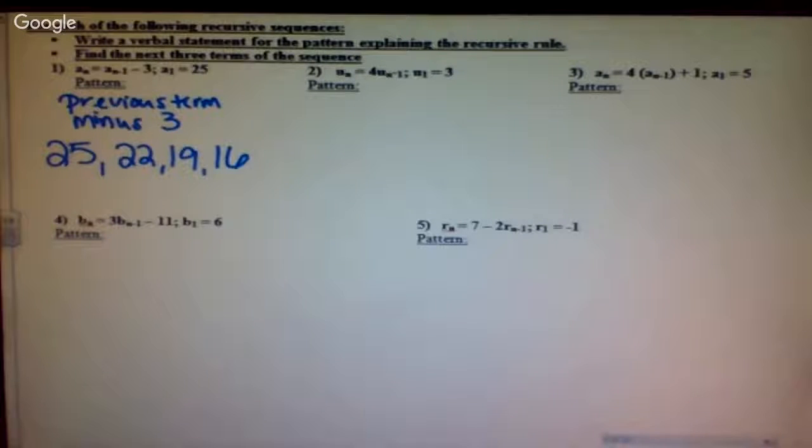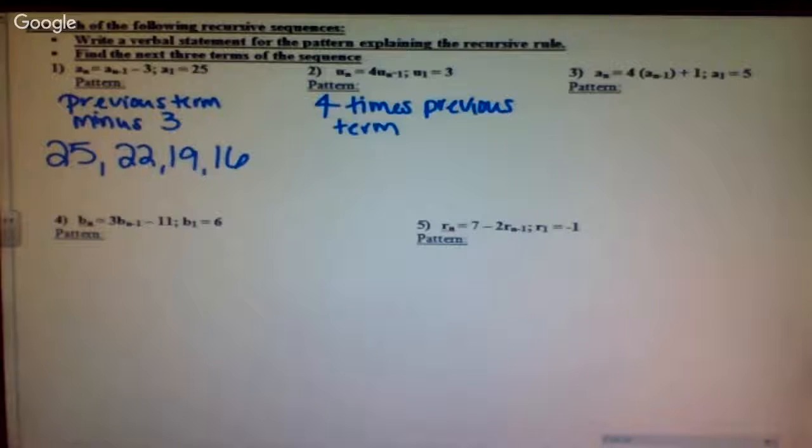Okay, take a look at the equation in number 2. What is that telling you we're supposed to be doing? Multiply 4 by previous number. Good. 4 times u sub n minus 1. Well, u sub n minus 1 means I need to go back 1 number and multiply that by 4. So this is 4 times the previous number, or the previous term, however you want to call it.